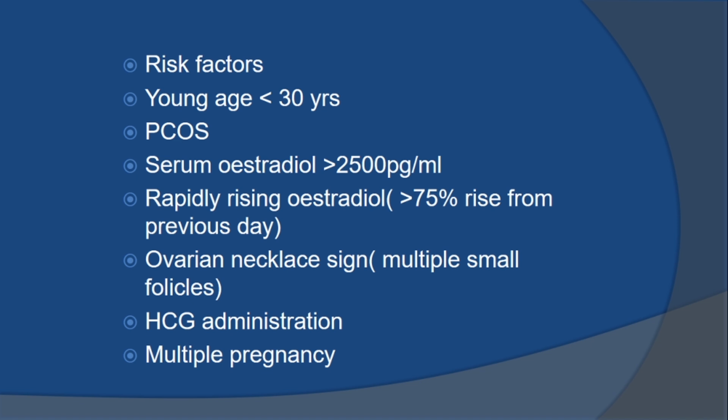When you have ovarian necklace sign, which is when you have multiple small follicles, this is a sign of PCOS, and so they may end up developing OHSS. Then, when you administer a high dose of human chorionic gonadotropin, this may also occur, and it's common in multiple pregnancy.